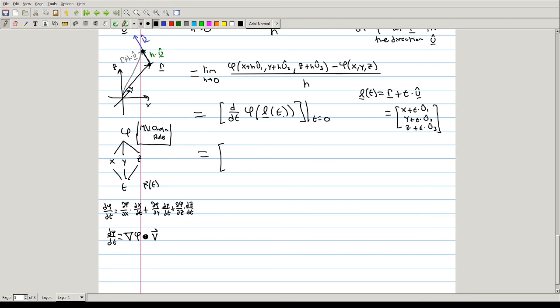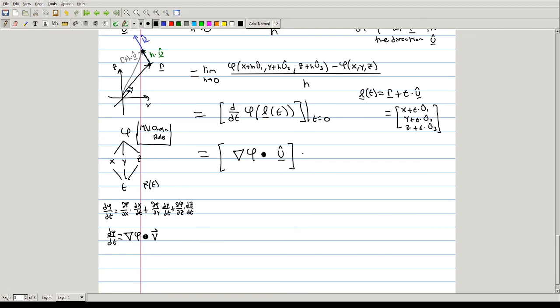And in this example, r of t is just this line L of t, and we know the velocity vector of this curve is the unit vector. So this is the same thing as the gradient vector of the function phi dot product with the vector u hat.